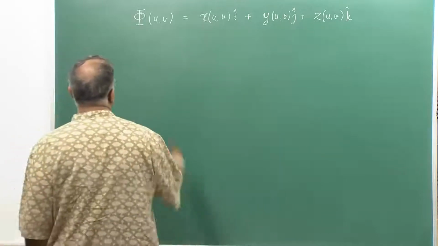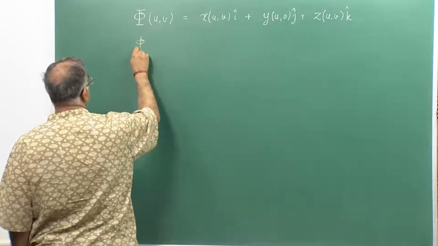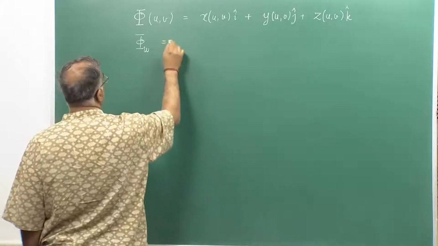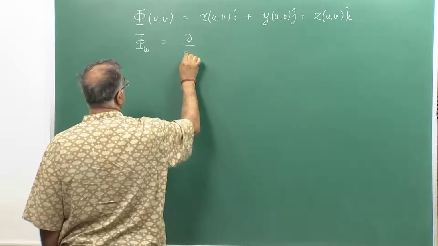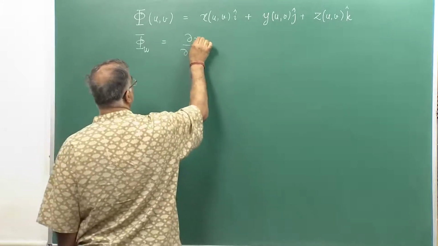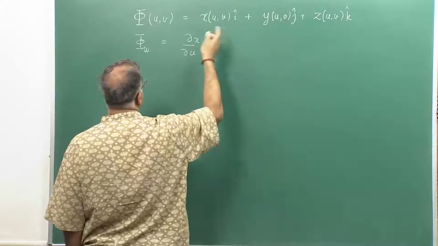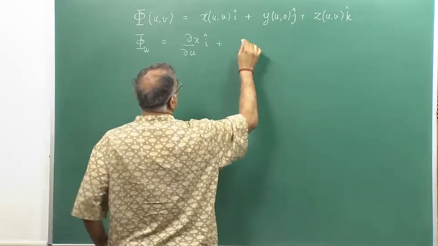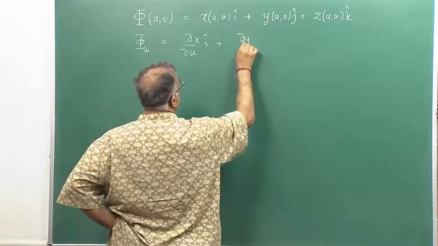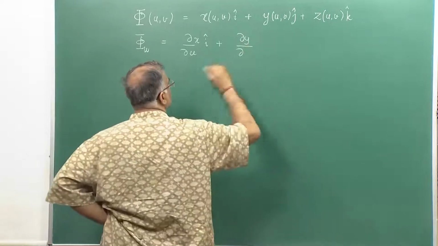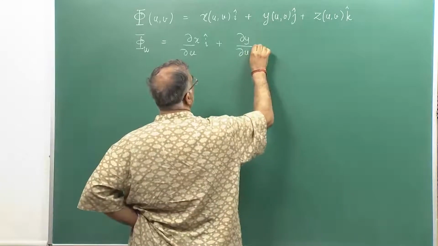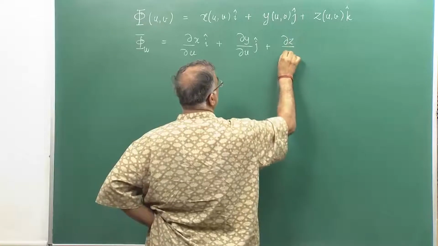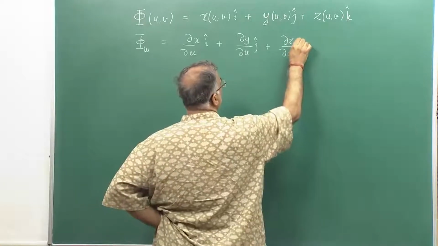Now, when you write del phi by del u, you are essentially looking at the derivatives like this: del x by del u i vector, and I am not writing (u,v), I am assuming that you understand, just for short, plus del y by del u j vector plus del z by del u k vector.